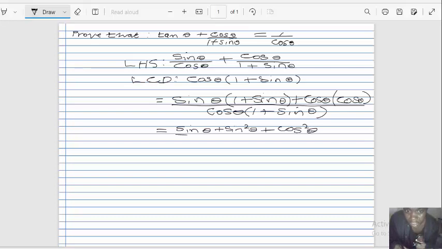All over our LCD, which is cos theta, 1 plus sin theta.